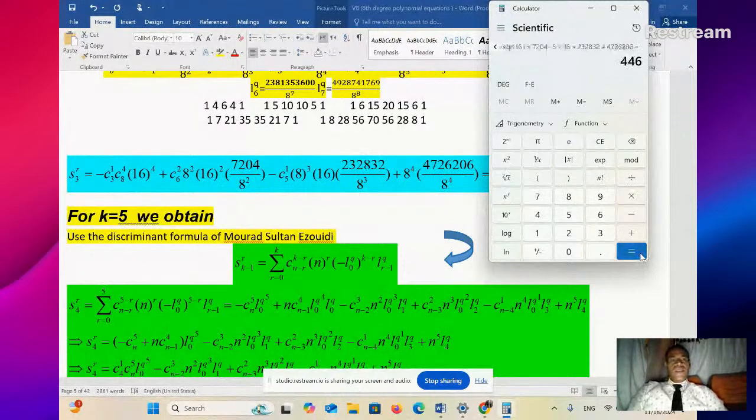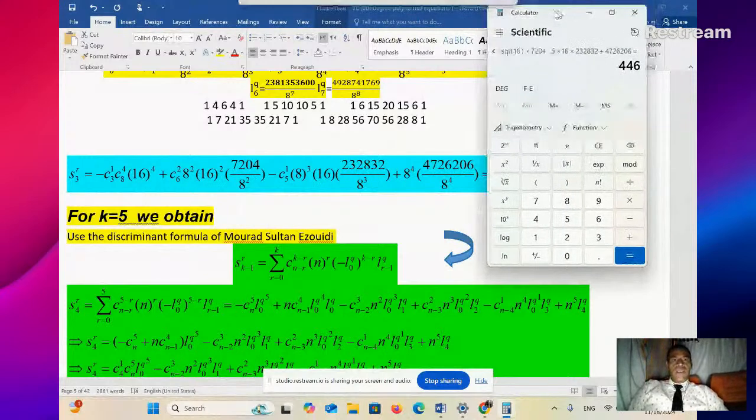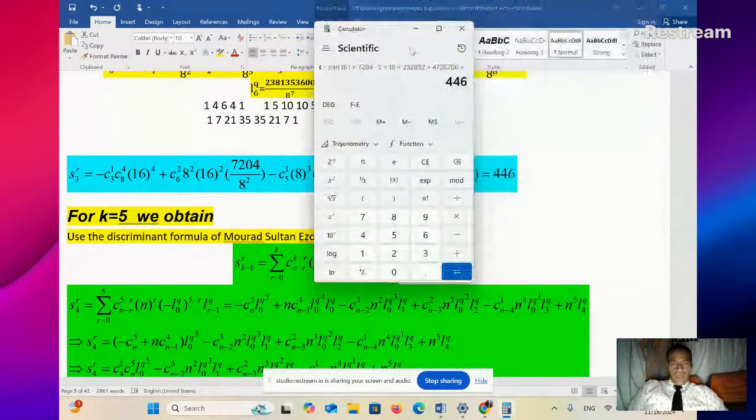As S3, S4 is 446. Okay, now I'm going to try to replace this one. So you see here, this is the value of S3.